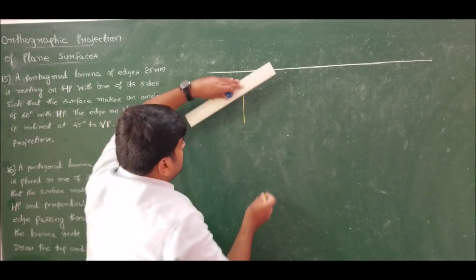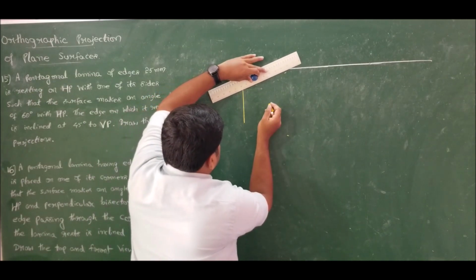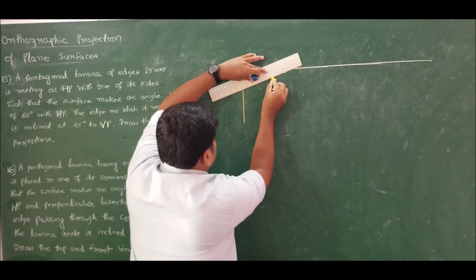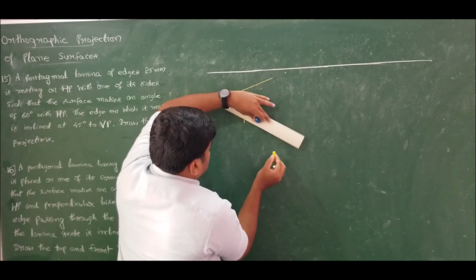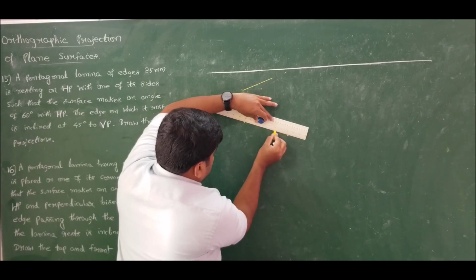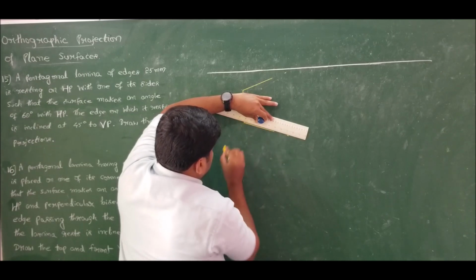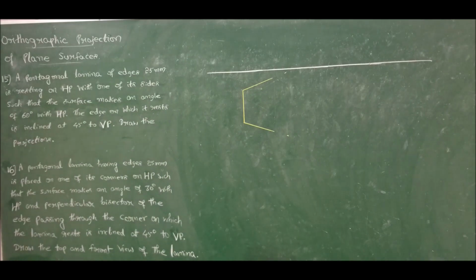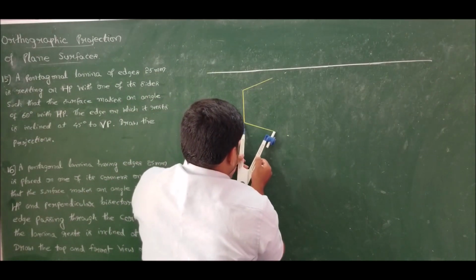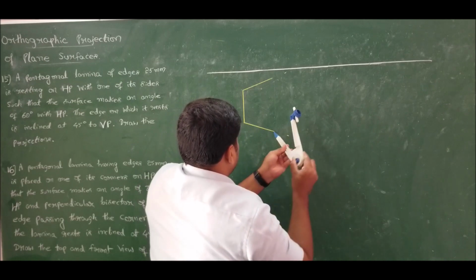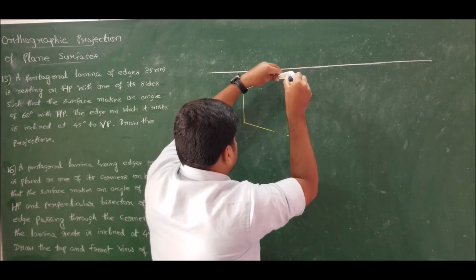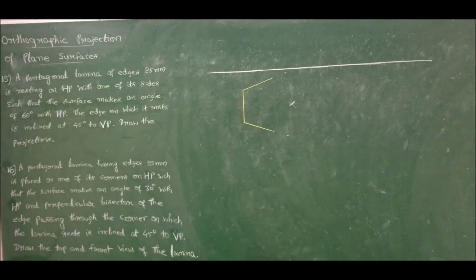Now draw the edges. We know the edge length is given as 25 mm, so draw 25 mm. Here also you draw 25 mm. Drawn. Now using a compass you cut an arc from above and also from below, and join.